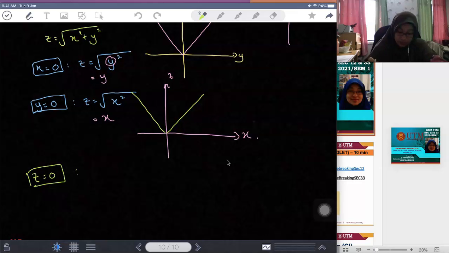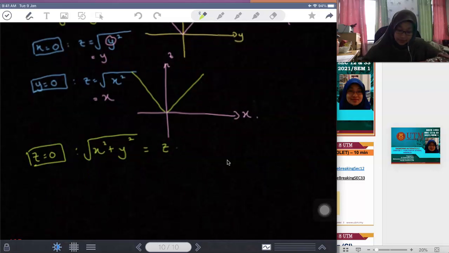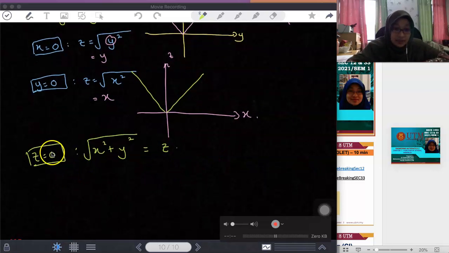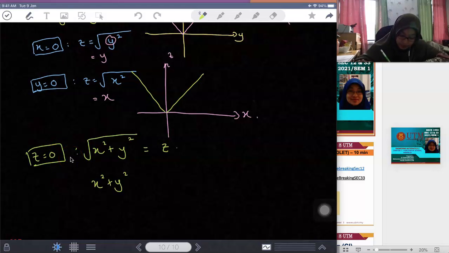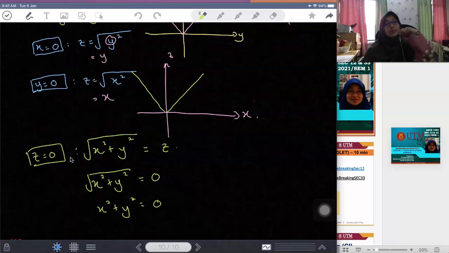So what can you see? You have the square root of X squared plus Y squared equal to Z. Which means that you can rearrange, or you just divide that. So then when you set Z equal to 0, your equation becomes equal to 0, and when you simplify, you have this form. So again, what is that?